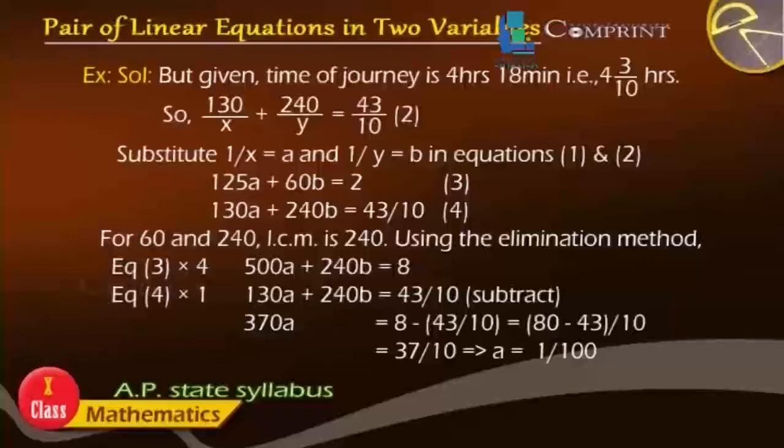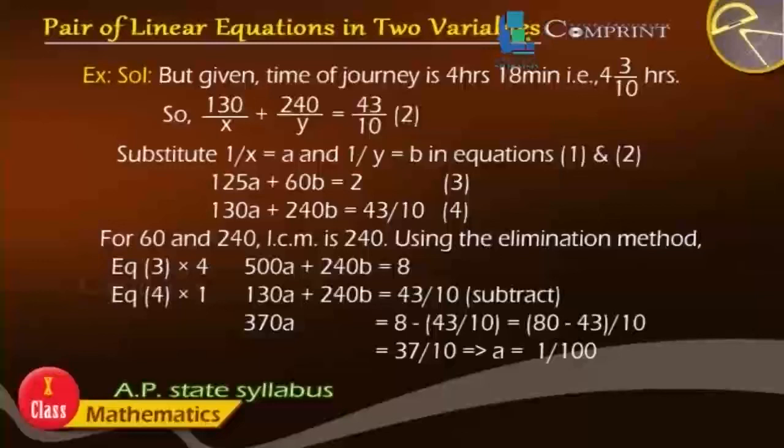Substitute 1 by x is equal to a and 1 by y is equal to b in equations 1 and 2. 125a plus 60b is equal to 2, equation 3. 130a plus 240b is equal to 43 by 10, equation 4.